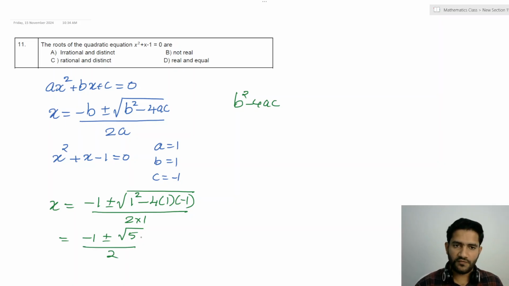Obviously root 5 is not a rational number. It is an irrational number. And we have plus or minus root 5, which is not 0. If it were 0, we would have equal roots. So we have irrational and distinct.